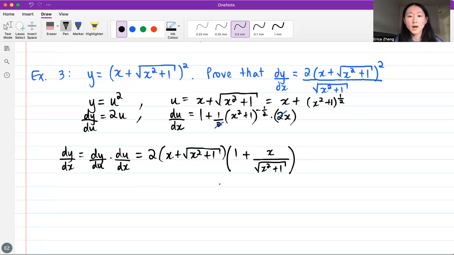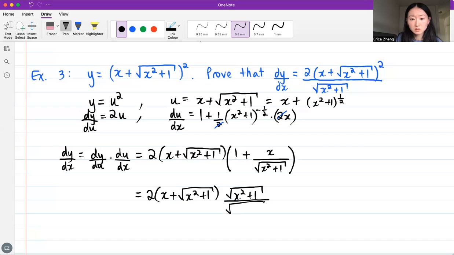Okay, so this does not quite look like our desired result up here at the top yet, but we can rewrite it to make it look like that. So let's put the expression inside the brackets on the right under a common denominator, keeping the left-hand side unchanged. We recognize that 1 is equal to square root of x squared plus 1 over square root of x squared plus 1.